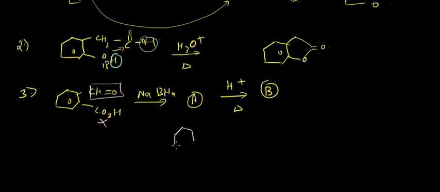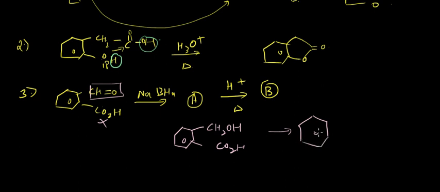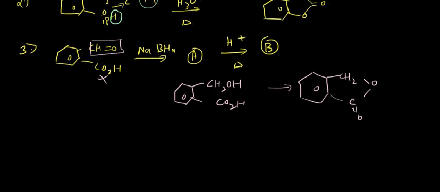As a result, we'll be getting CH2OH, and here we'll be getting CO2H. Then in acidic medium with heating, we'll be getting compound B, which is called an ester, something like this.